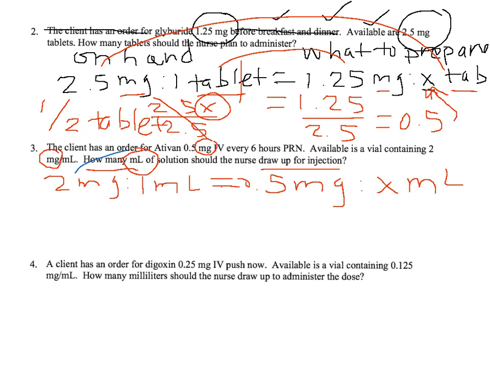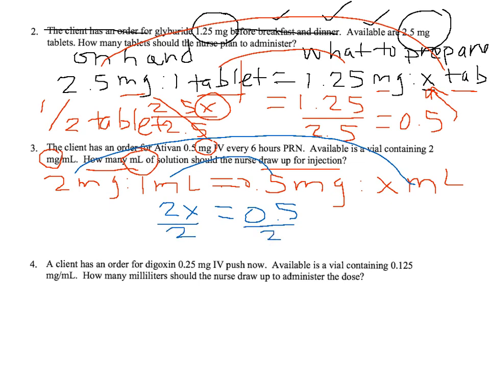So you'll multiply 2 times x, so you get 2x equals, and then you multiply the inner components. 1 times 0.5 equals 0.5. Now we need to isolate the x. So x equals 0.5 divided by 2, and the answer is 0.25.